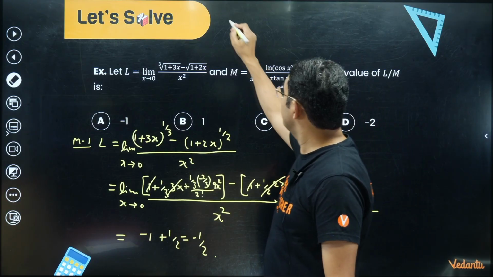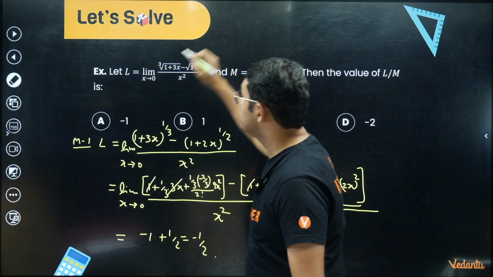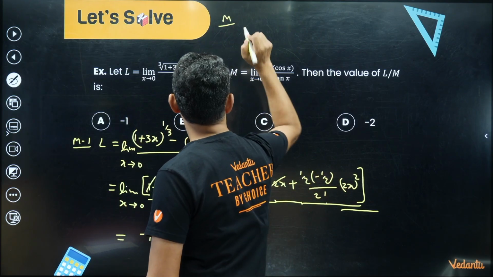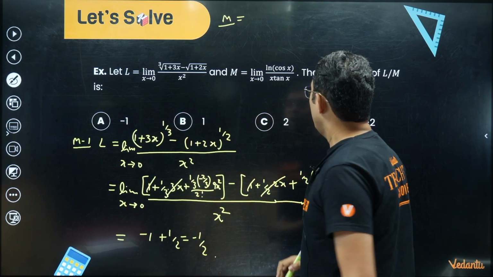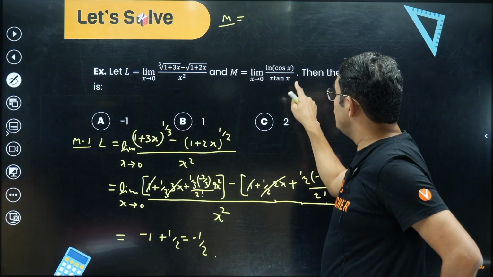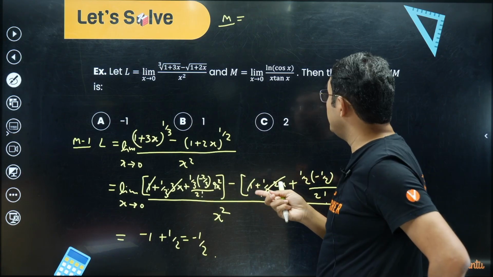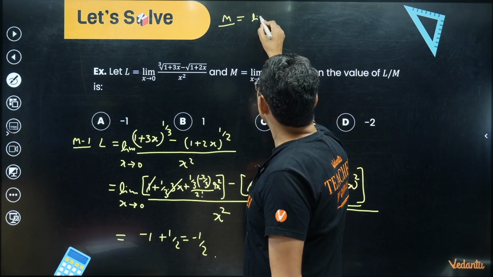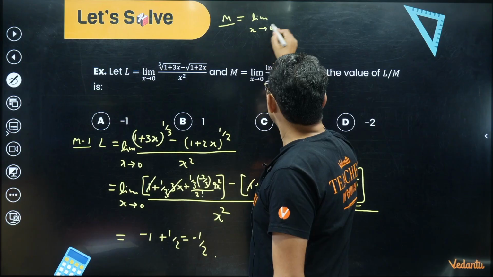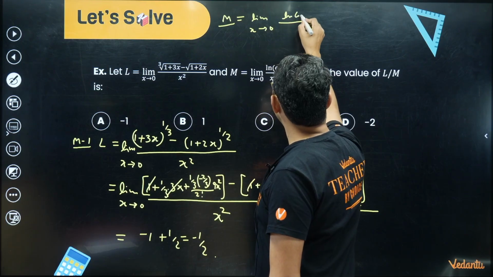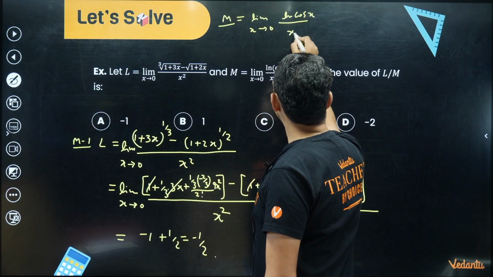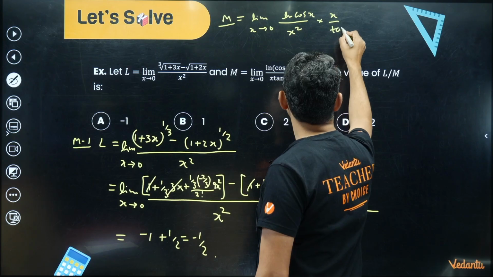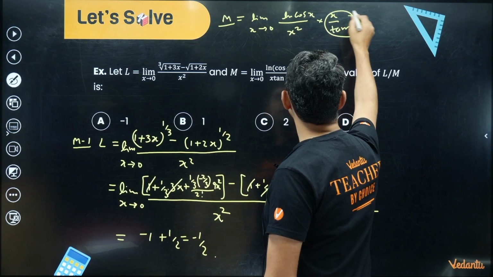Now coming to M, that's the second part here. So for M, the value would be again x tending to 0. So you can apply LH rule also, but if you are applying LH rule, let me tell you one short trick here. X tending to 0, we will be writing this as ln of cos x upon x square into x upon 10x. Now this x upon 10x can be written as 1.